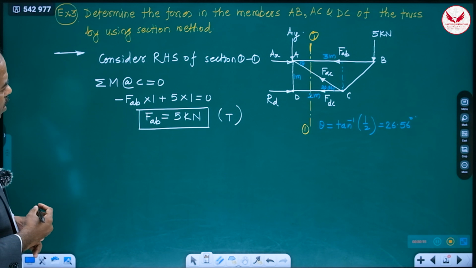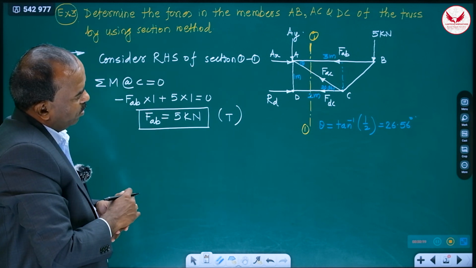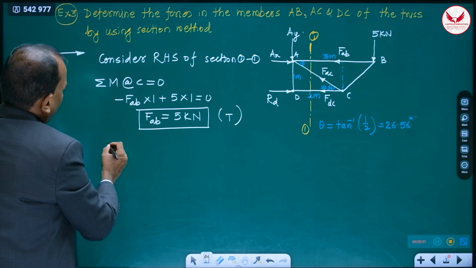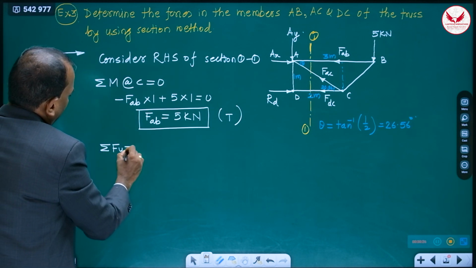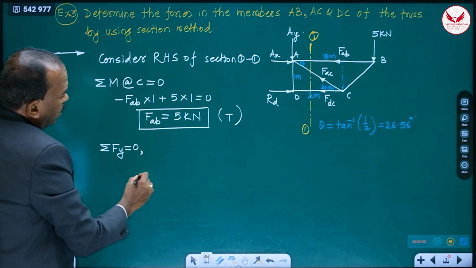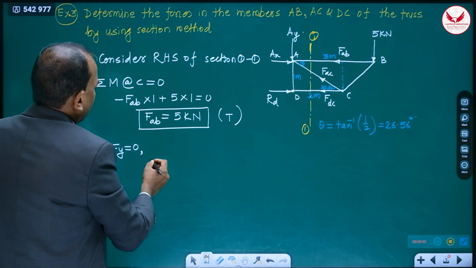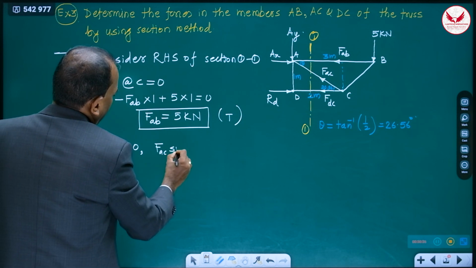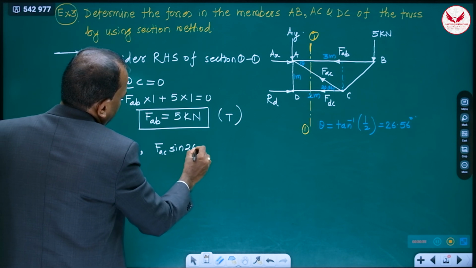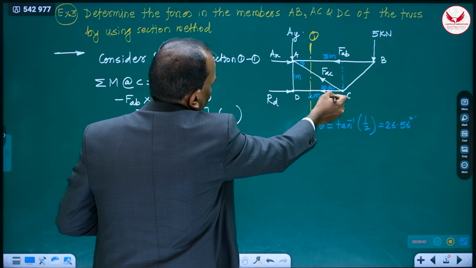Then second is summation Fy. Because one unknown is horizontal DC, we'll use summation Fy is equal to 0. For summation Fy, FAC is inclined. FAC sine 26.56, the vertical component of this. These two are horizontal.